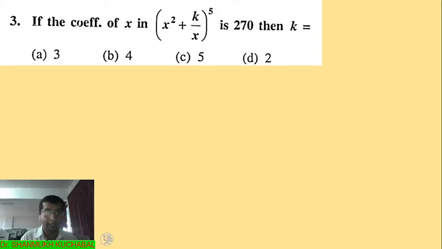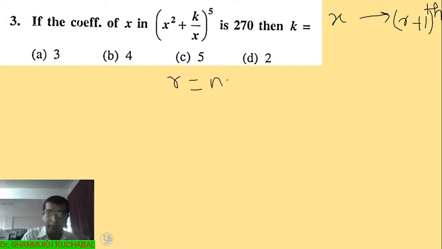If the coefficient of x in (x square plus k divided by x) raised to 5 is 270, then find the value of k. Now this x appears in the form of the r plus 1th term, and the expression for r is np minus m divided by p plus q. Now we will write the values.